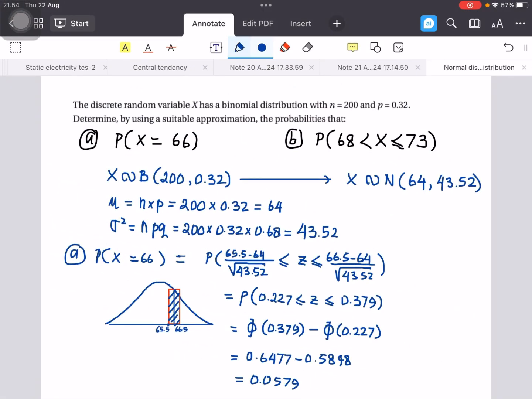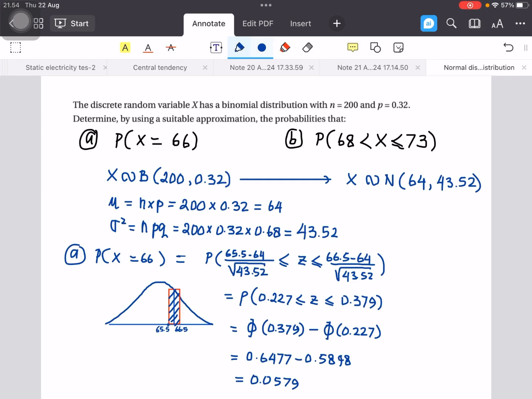Question 2. The discrete random variable X has a binomial distribution with n equals 200 and p equals 0.32. Determine, by using a suitable approximation, the probabilities: A, P(X equals 66) and B, P(68 less than X less than or equal to 73).